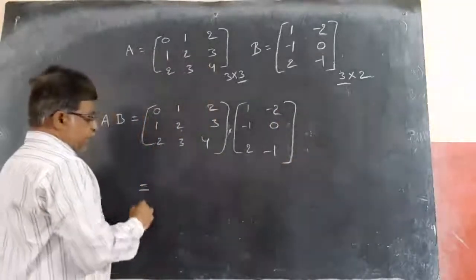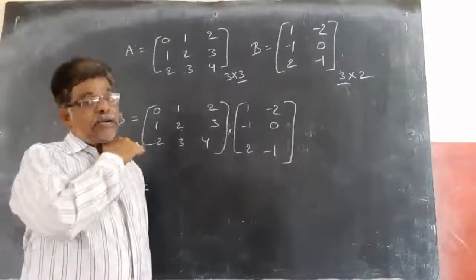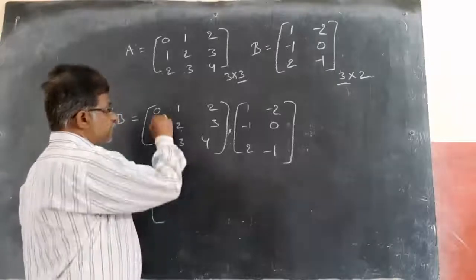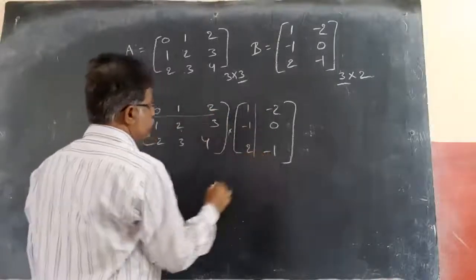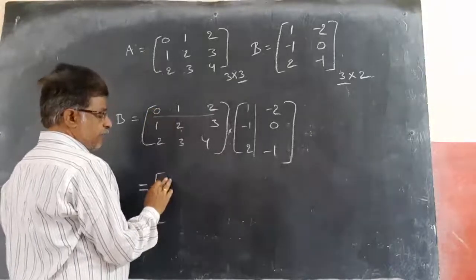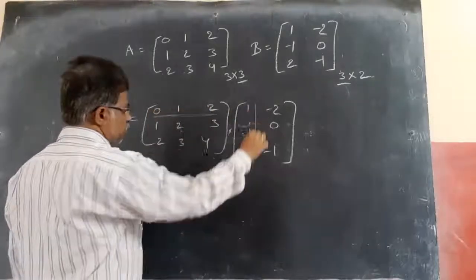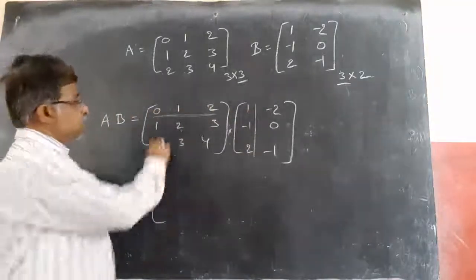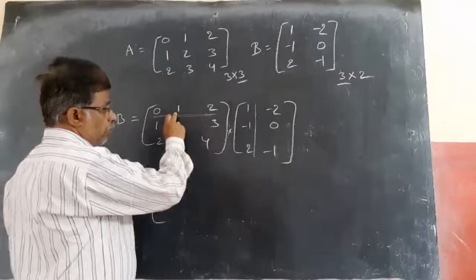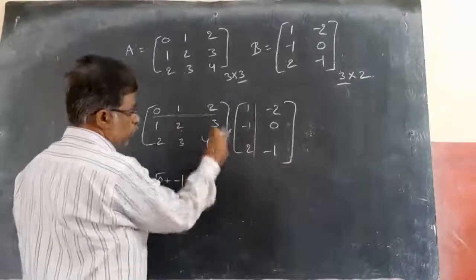Now for multiplication, what I told, C of ij equals the sum of A of ik into B of kj. That is first row with first column gives you the first row, first column element. You multiply the first row with the first column, the corresponding elements: 0 into 1, 0, plus 1 into minus 1, minus 1, plus 2 into 2, 4.